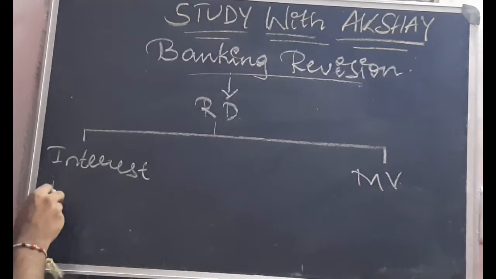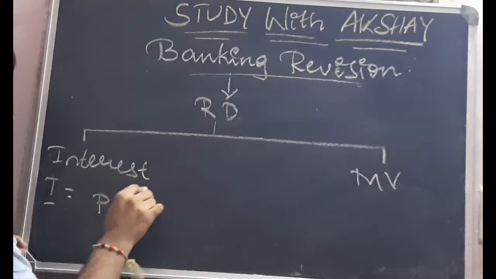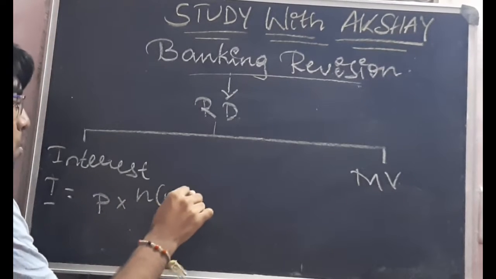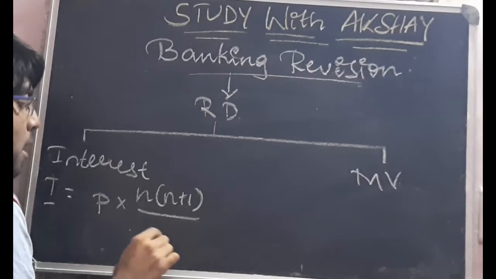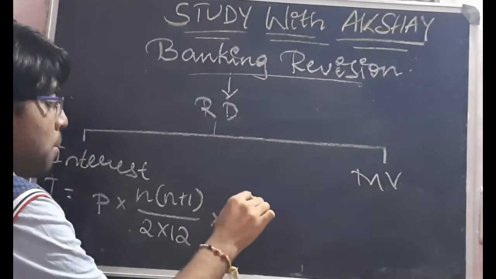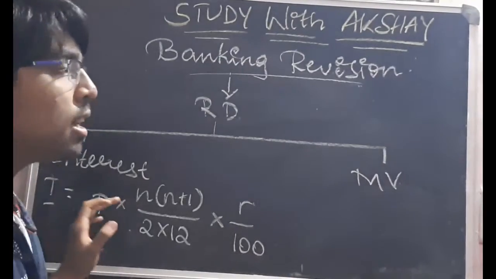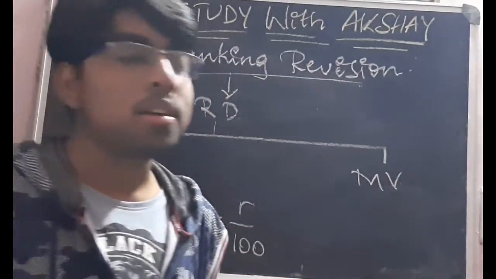The interest formula is I is equal to P into n of n plus 1 divided by 2 into 12 into R by 100. This was our interest formula, right children?